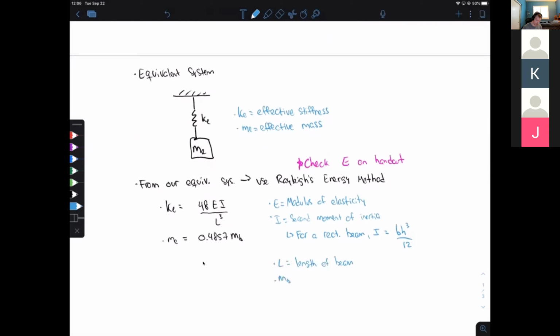And then we have M sub B, that's the mass of the beam. All right, any questions so far? Hopefully it's straightforward so far.